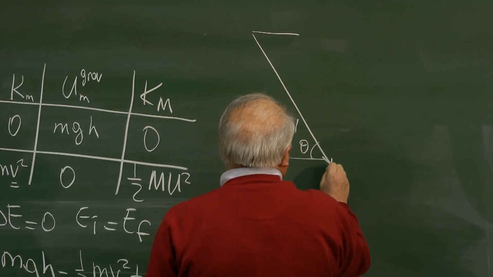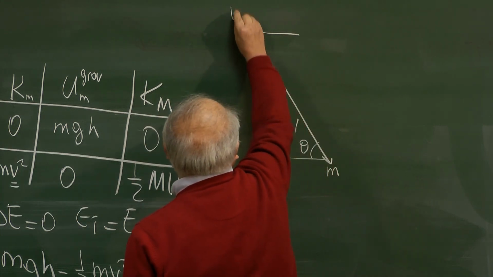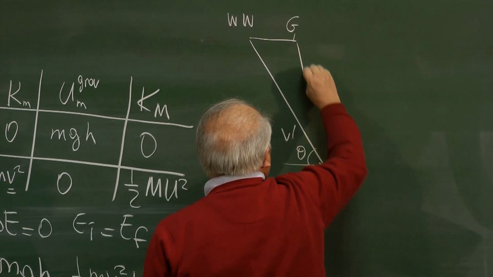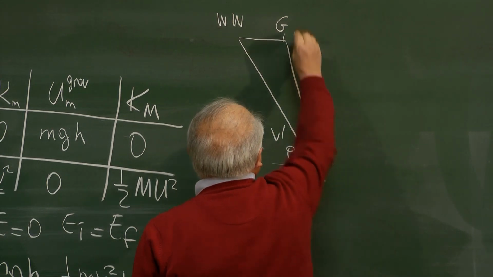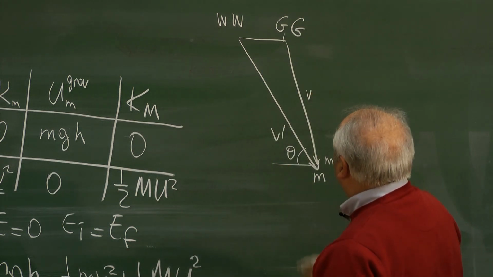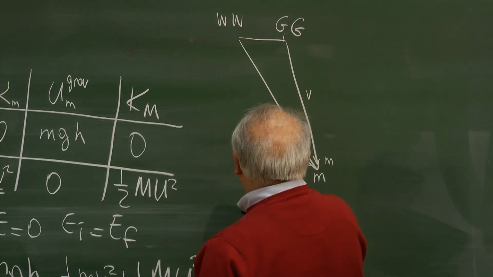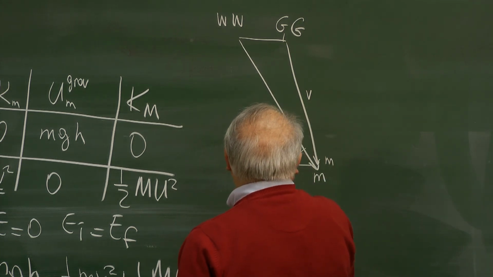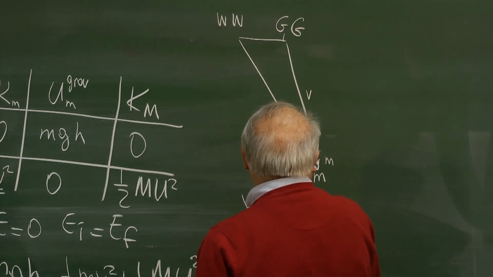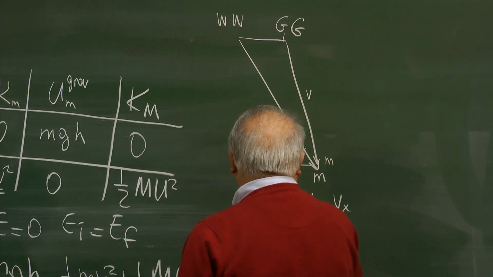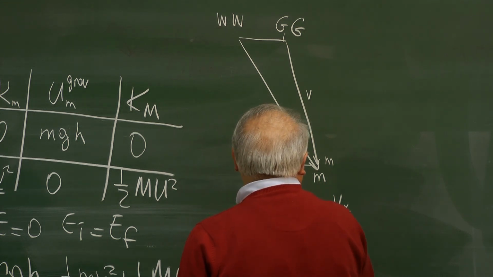So mass m with respect to wedge. This is wedge with respect to ground. And this is mass m with respect to ground. Okay? So this is V. We see that as far as magnitudes go, V prime cosine theta minus U is Vx. And V prime sine theta is Vy.